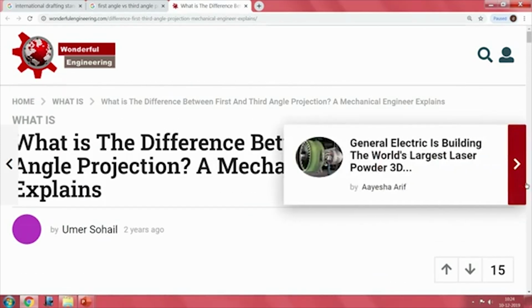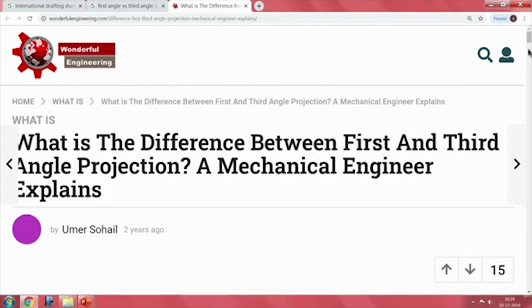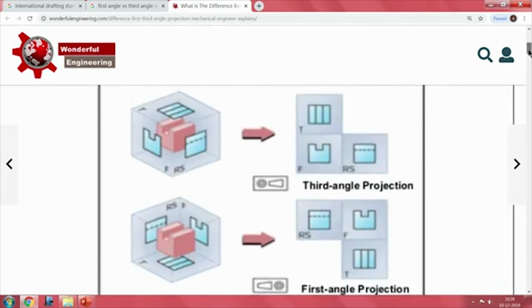Now, let me give you an example here. In the case of first angle, you will see that if you shine a light, this is what will come here.